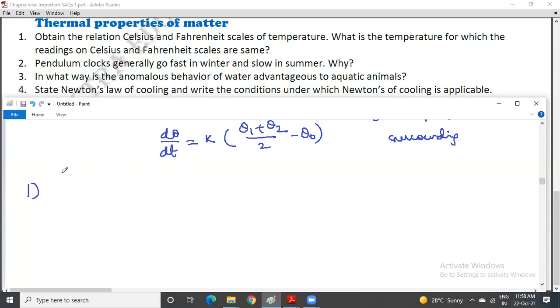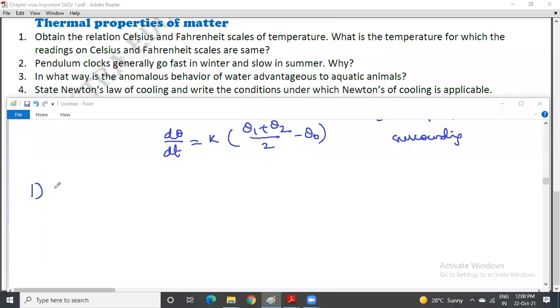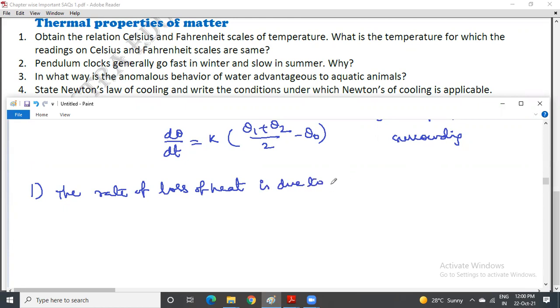First condition, the rate of loss of heat is due to convection, not by conduction.